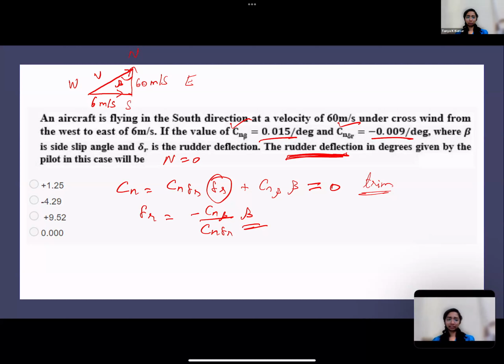Find beta. Just let me know beta. It's a simple right angle triangle.